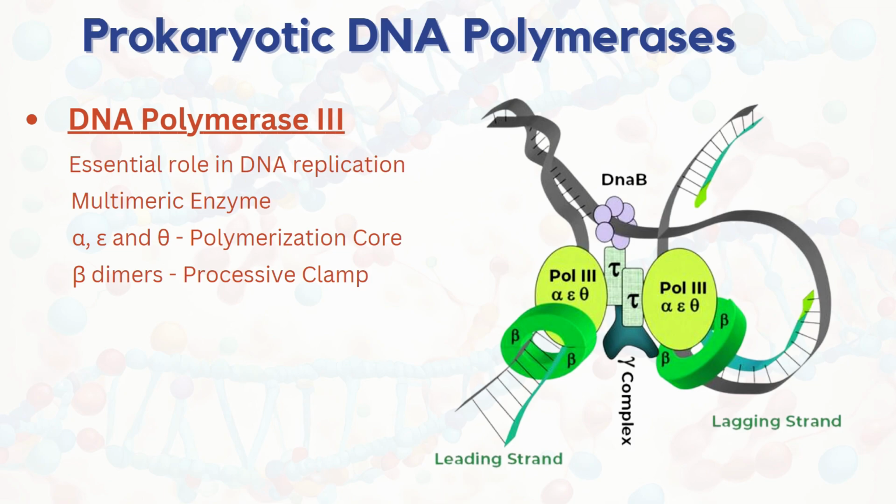For example, three of the subunits, alpha, epsilon, and theta, form the polymerization core with both 5' to 3' polymerase activity and 3' to 5' exonuclease activity. Another subunit, the beta subunit, is a processivity clamp. This beta subunit forms a dimer, a donut shape around the DNA, so it can move freely on the polynucleotide chain.